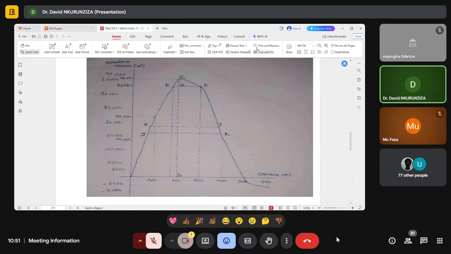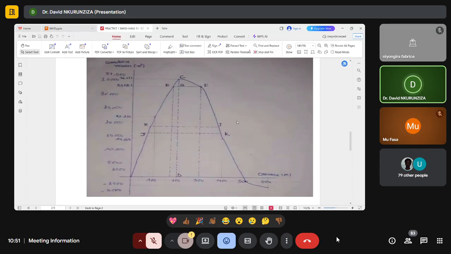For example, you can see the balance points like E and F are not the same as H and I, and not the same as J and K. So you can see the shorter the distance from here to here between cut and fill, the more the volumes are there also. So here, at the maximum, we have the volume which is zero.